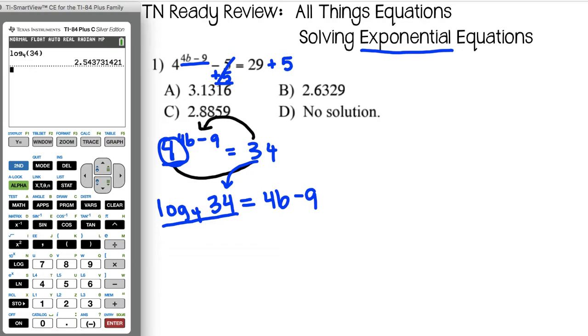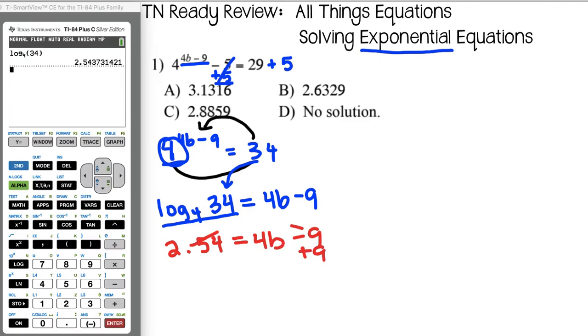All right, so what I have right now on my paper is 2.54 is equal to 4b minus 9. So now I'm dealing with a multi-step equation, which is something I do know how to solve.